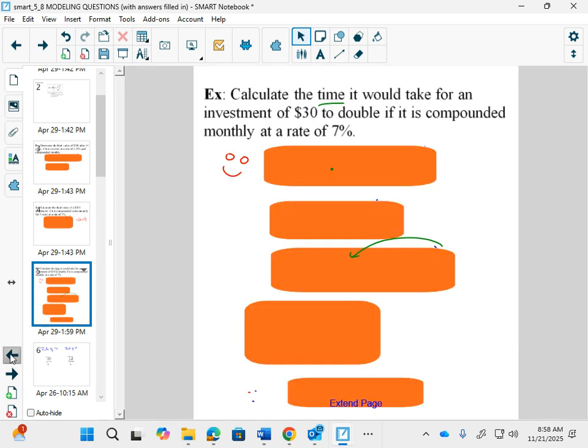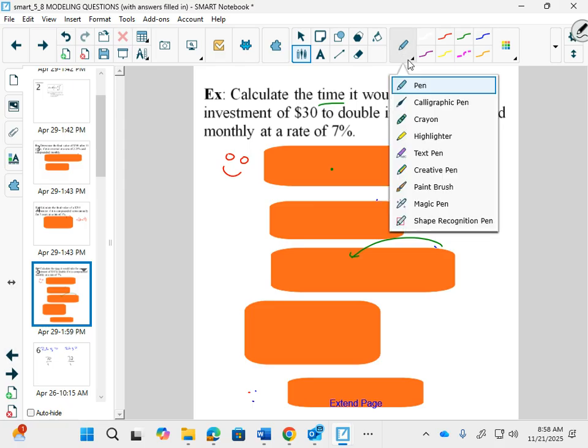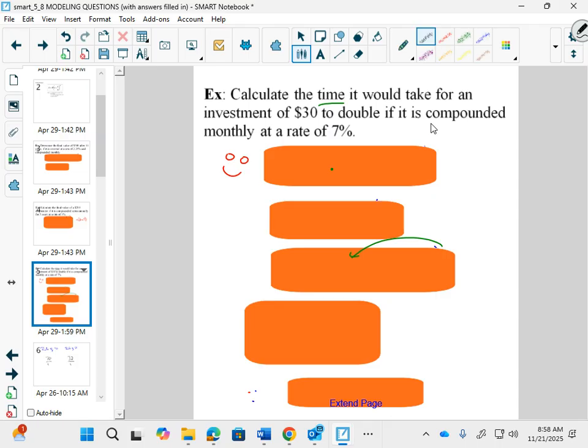And sometimes you will get this question, and they will take out this part. Well, take it out with a crayon. There we go. They will just say, calculate the time it would take for an investment to double.